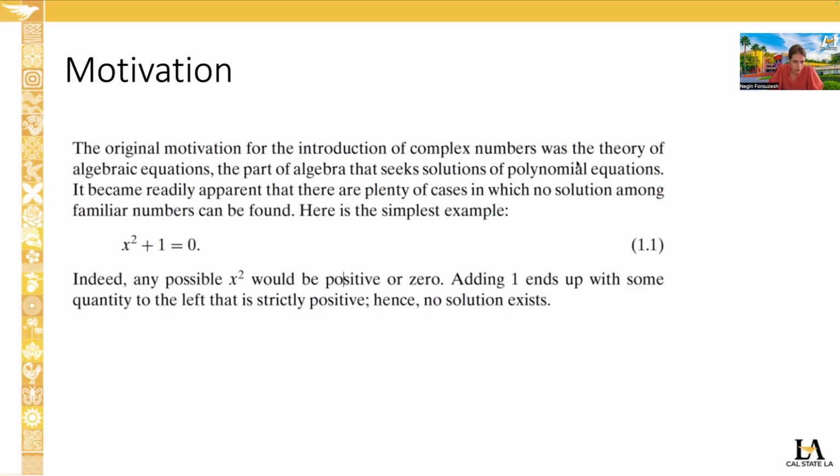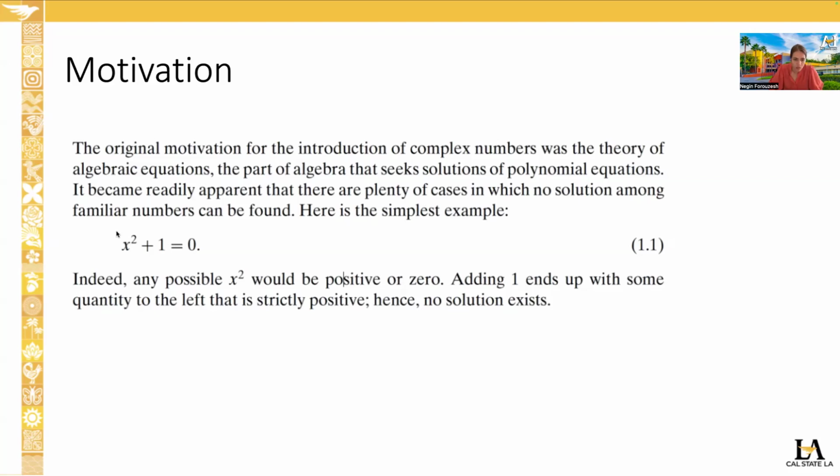So you're all familiar with polynomial functions, right? They have coefficients, but it's x to the 0, x to the 1, x to the 2, and then it goes to x to the n. And that's basically when you have the addition between them, it gives you a polynomial equation.